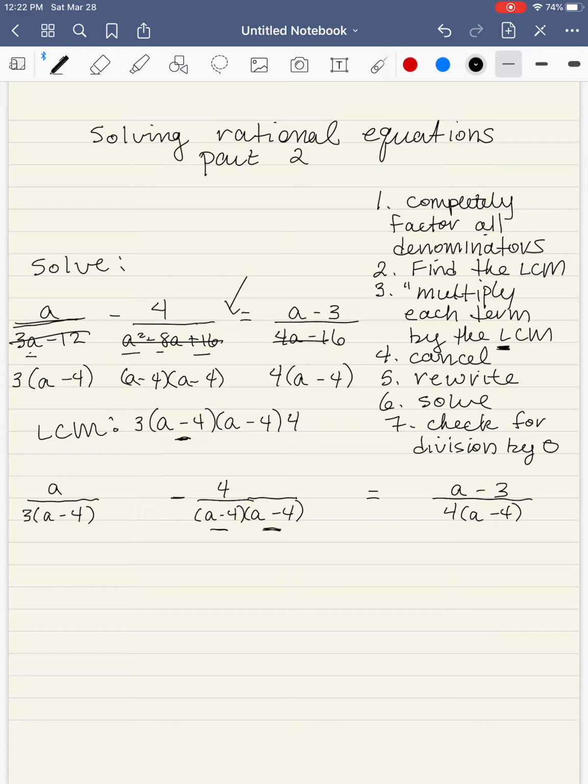Multiplication is commutative. That means you can reorder them in any way you like. I'm just going to leave them in the order that they are. So I'm going to just write the LCM with each term. I didn't leave myself enough room on this last one.